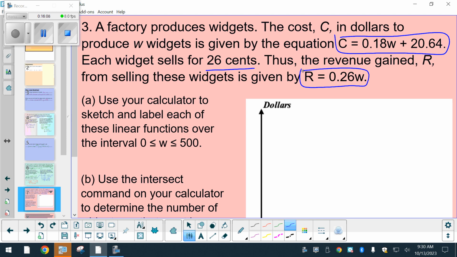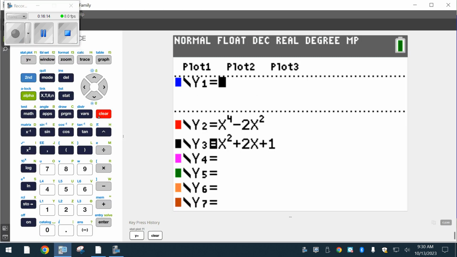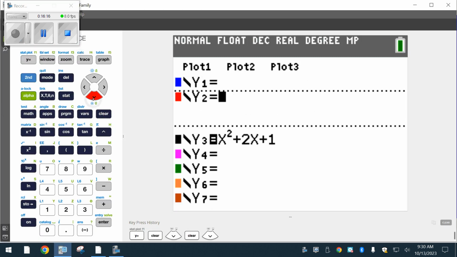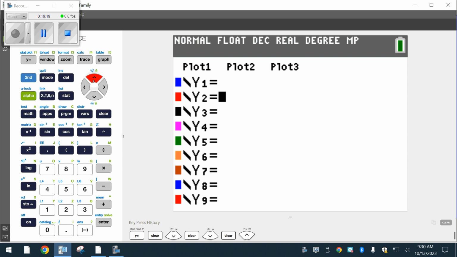So we want to clear out anything, there might be a bunch in there. You want to clear them out. We'll put in the cost one, right? You got 0.18 x plus 20.64.